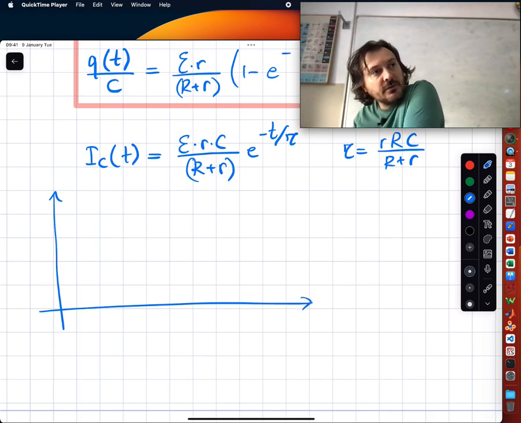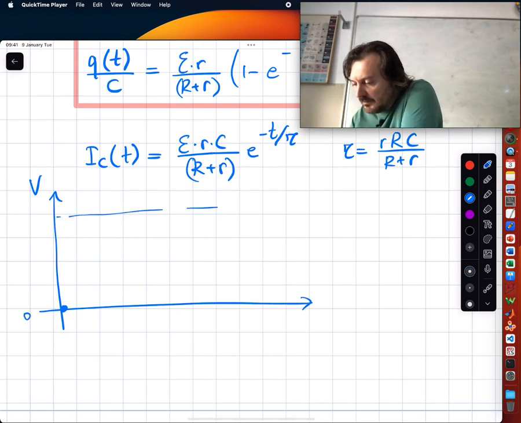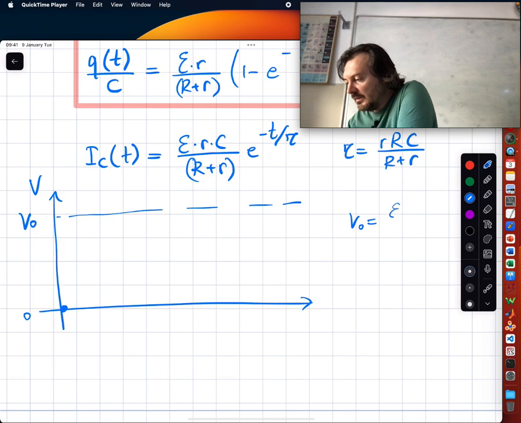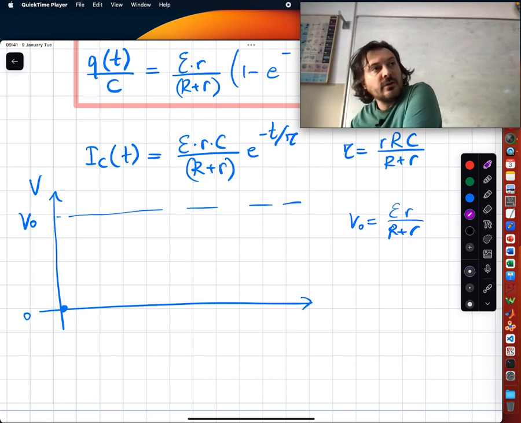The previous part of the question, we found that at 0 it was 0, right? And at t equals infinity, it was some v0. And v0 was ER over R plus R. We knew that it had to approach it asymptotically.